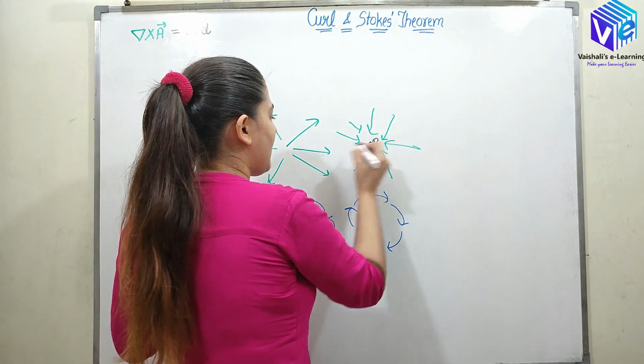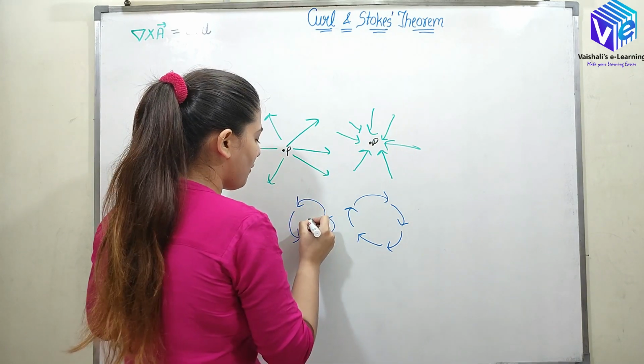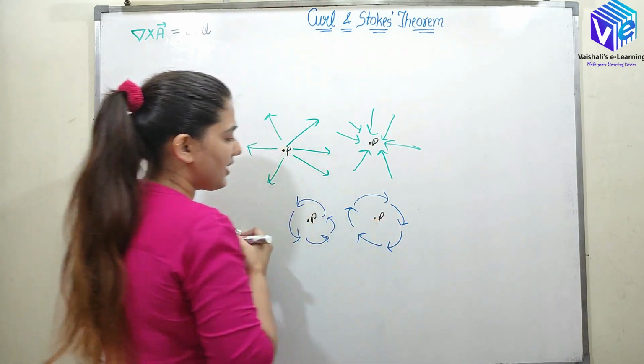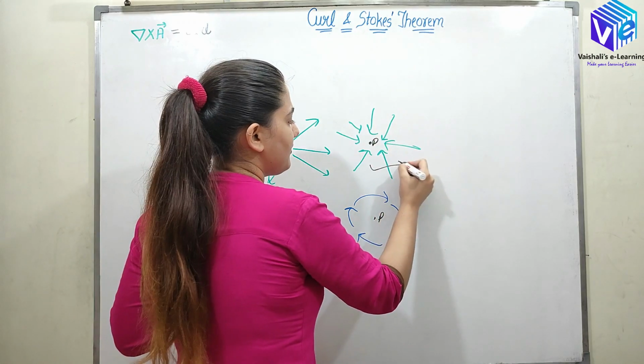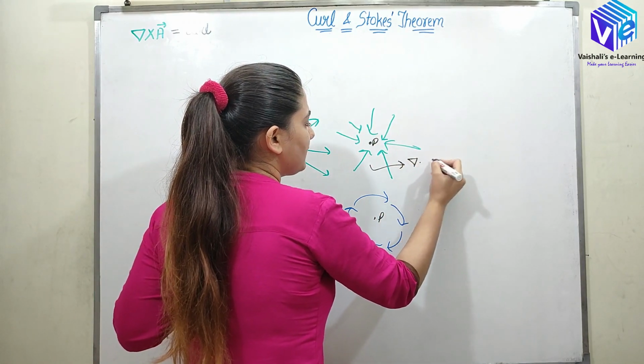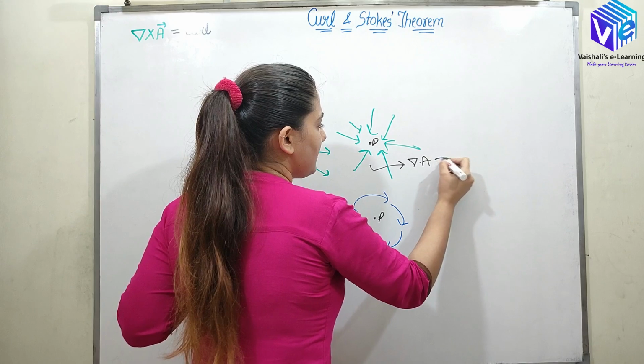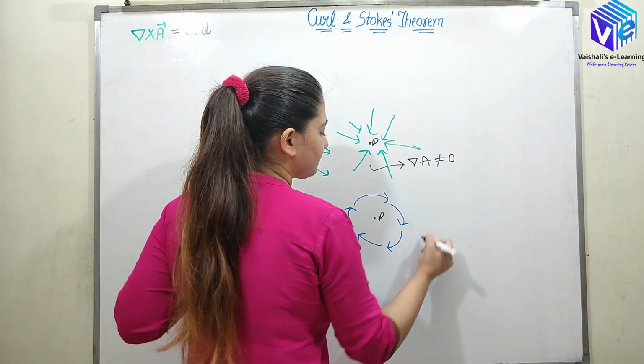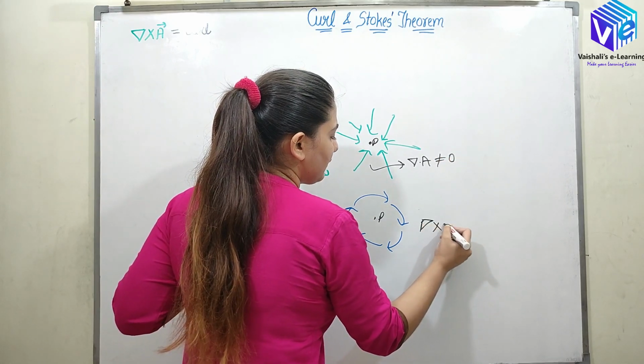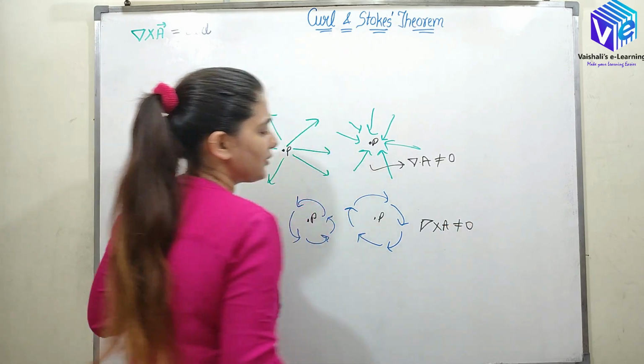So here we have point P, and here also we have point P. Here we'll find del dot A is not equal to 0, and here del cross A is not equal to 0.